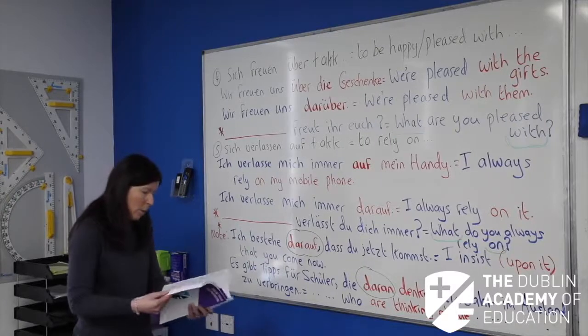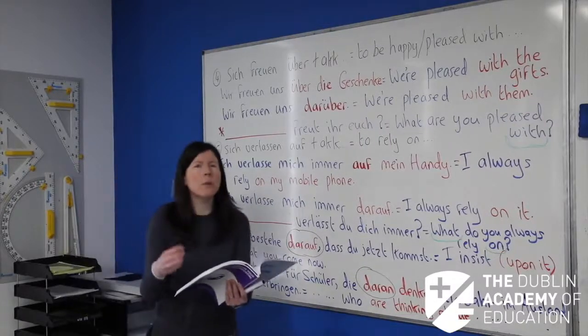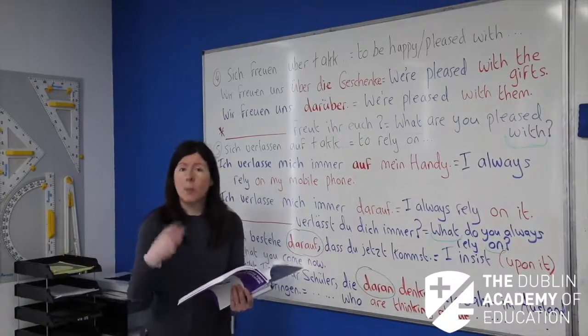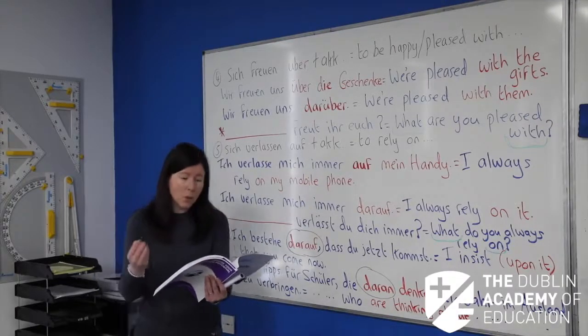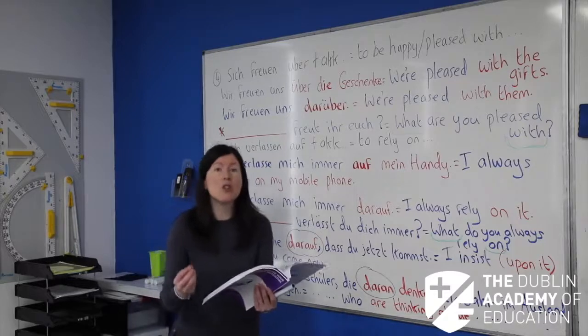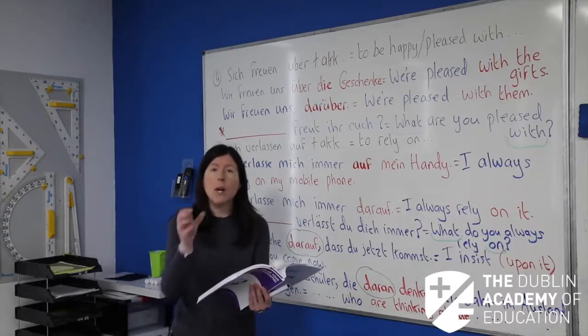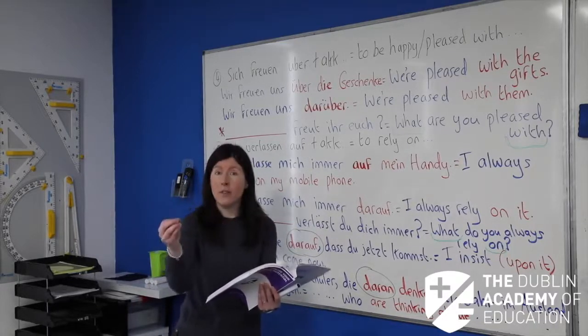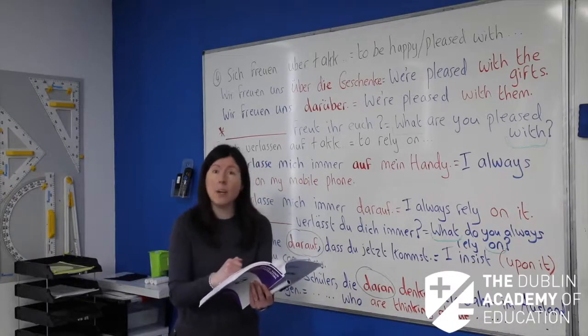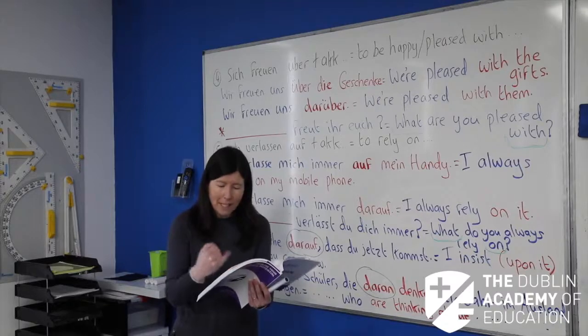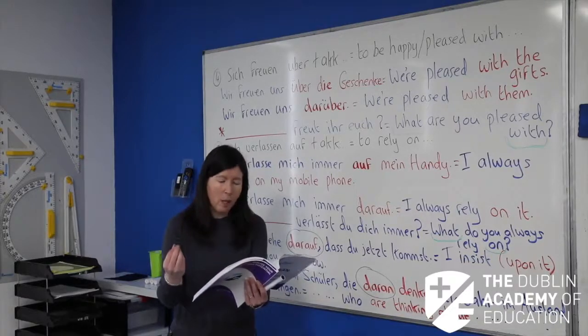So back to page 21 then, a couple of other ones, a lovely one to say you're proud of something, or proud of some achievement or something. For example, Martins Großvater ist sehr stolz darauf. So, stolz auf etwas sein is to be proud of something. So, Martins Großvater ist sehr stolz darauf, dass er hohe Punkte im Abitur bekommen hat.